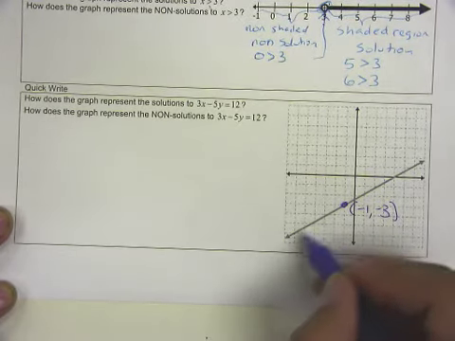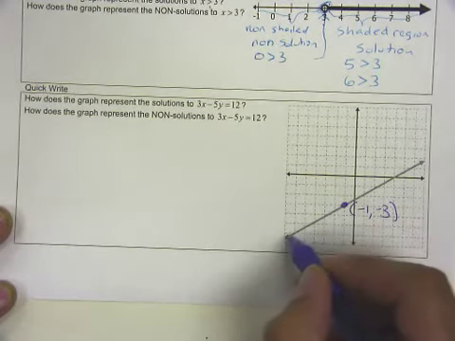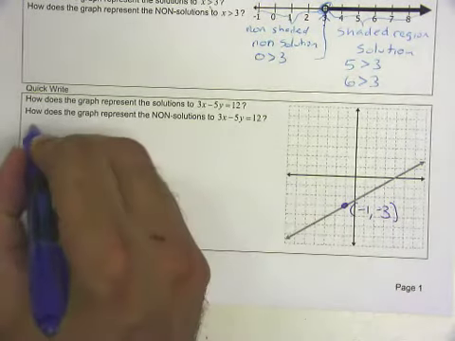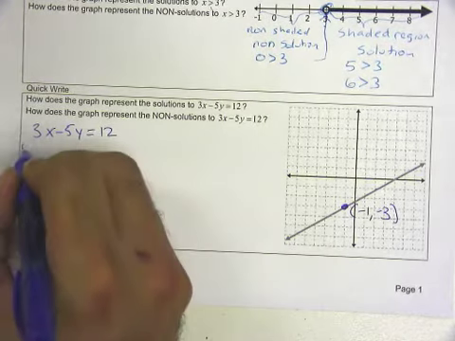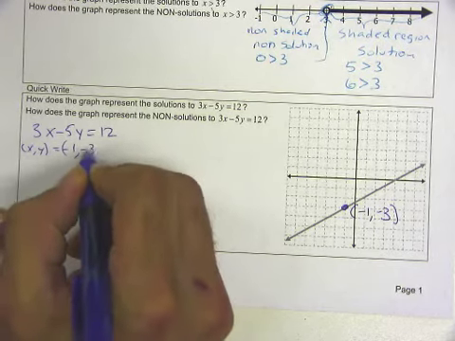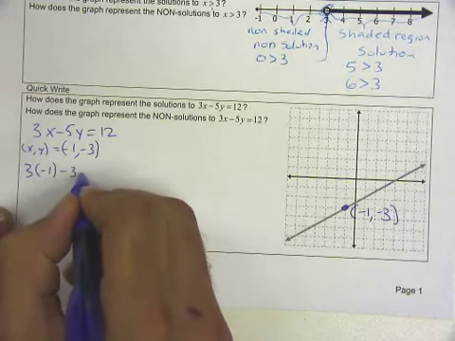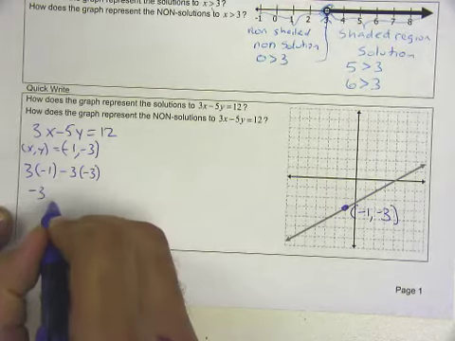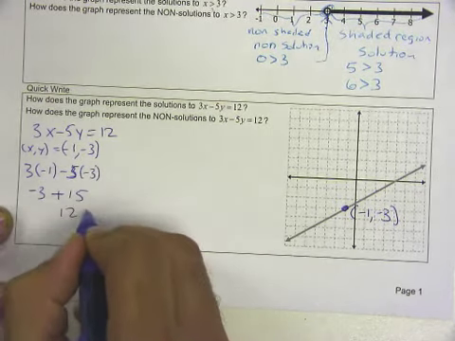The way that this graph represents the solutions is by effectively shading the line where all the solutions are. So for example, 3x minus 5y equals 12, when x and y are equal to -1 and -3, we have 3 times -1 minus 5 times -3, which is -3 plus 15, which is 12.